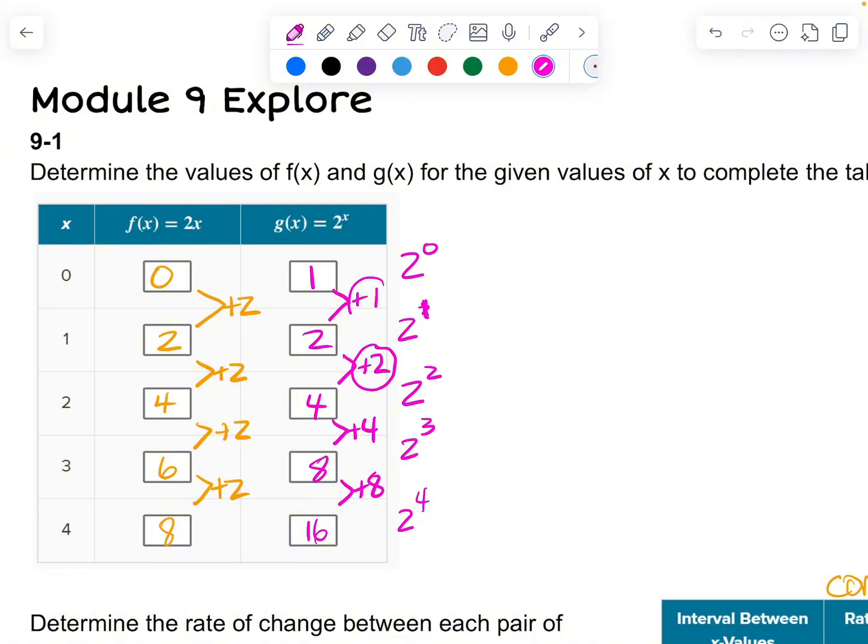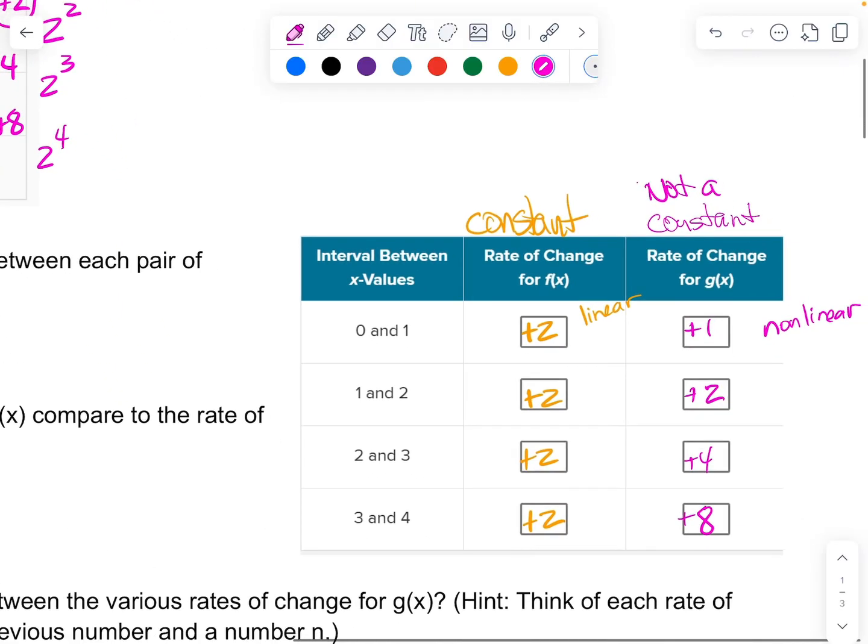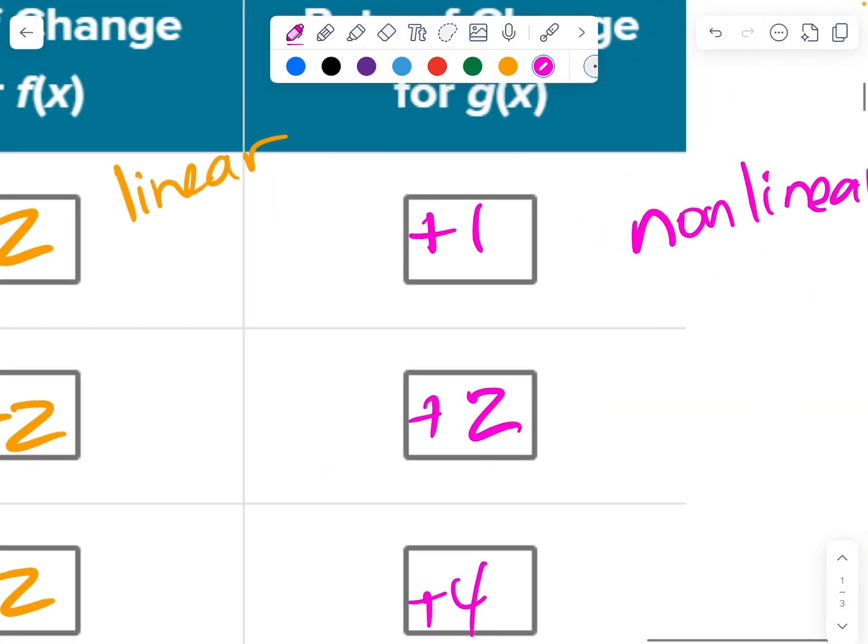There we go. 0 to 1, 2 to the 0. Oh, I know what it's saying. So this right here, 1 is the same thing as 2 to the 0 power.